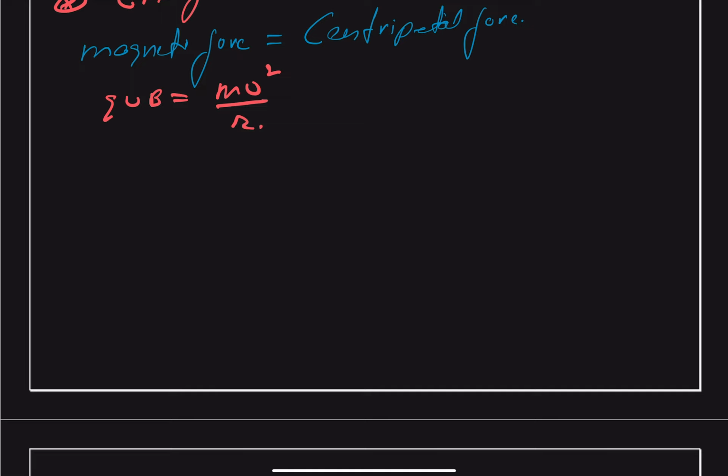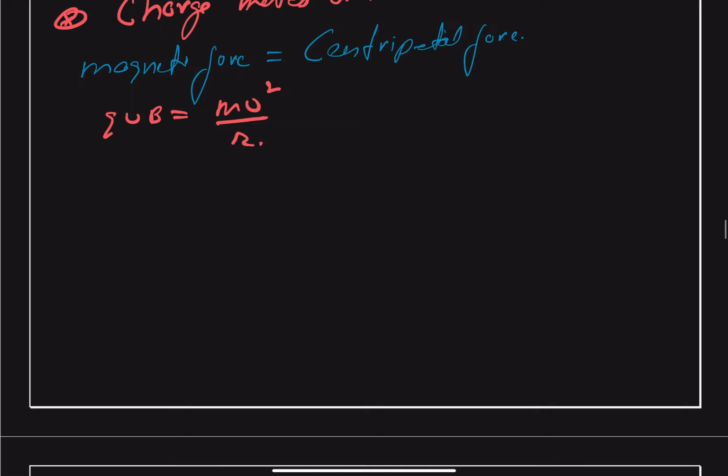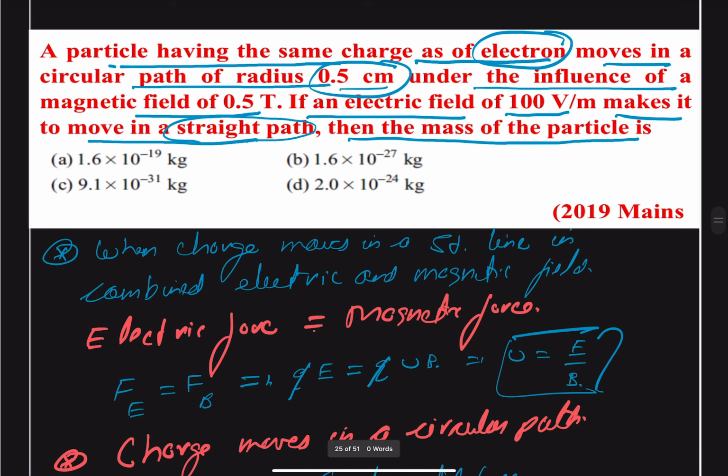So we can use these two equations, and here V goes with this, so we are left with that our R will be equal to mv upon qB, and we are supposed to find out the mass of the particle.